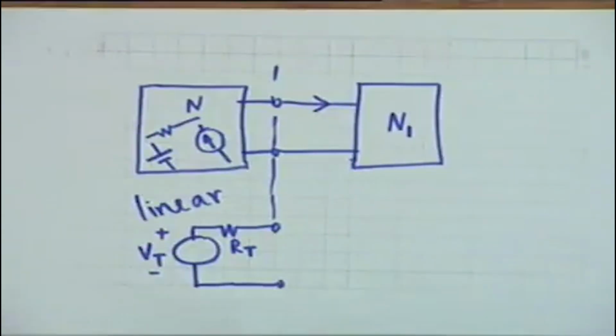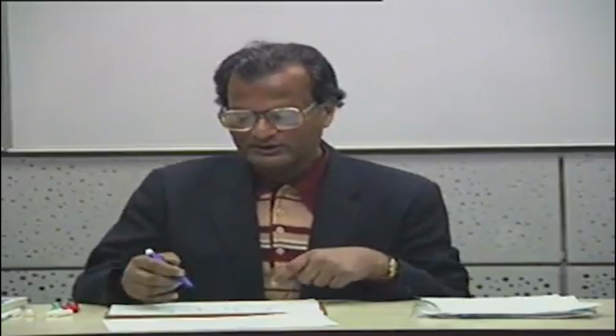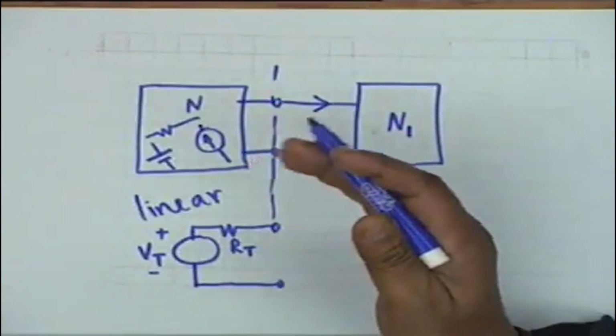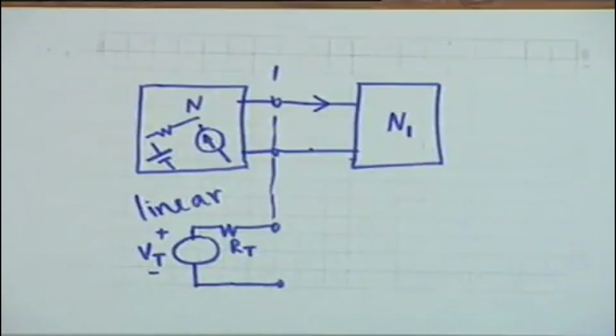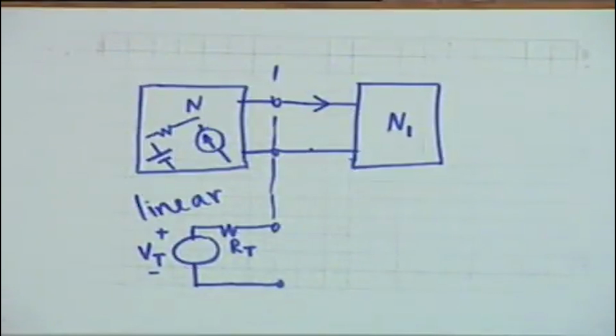This is Thevenin's theorem. Thevenin's theorem says that if a linear network drives a load, this load could be linear or non-linear, it could be any combination of resistors and sources, but the driving network has to be linear, then in so far as the current injected into the load or the voltage appearing across the load terminals is concerned, the driving network can be replaced by a very simple equivalent network which consists of a series connection of a voltage source Vt and a resistance Rt.